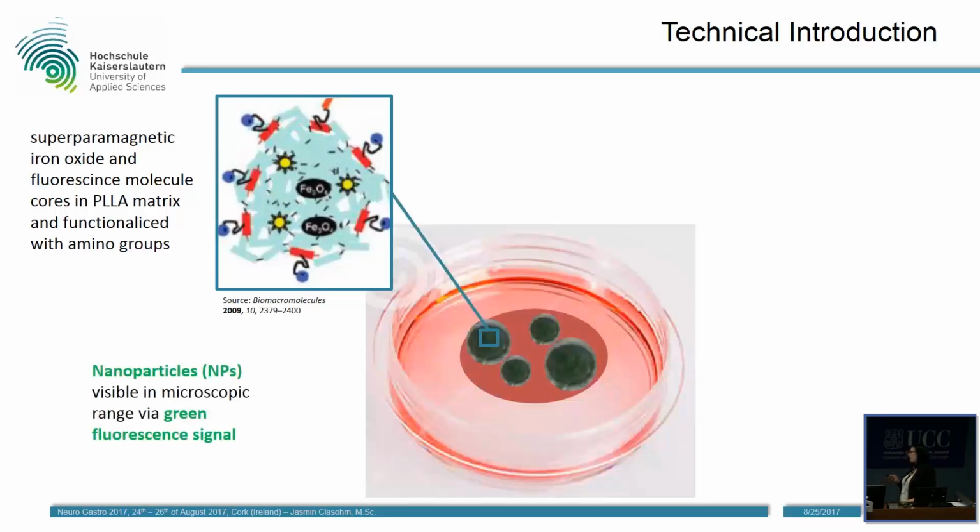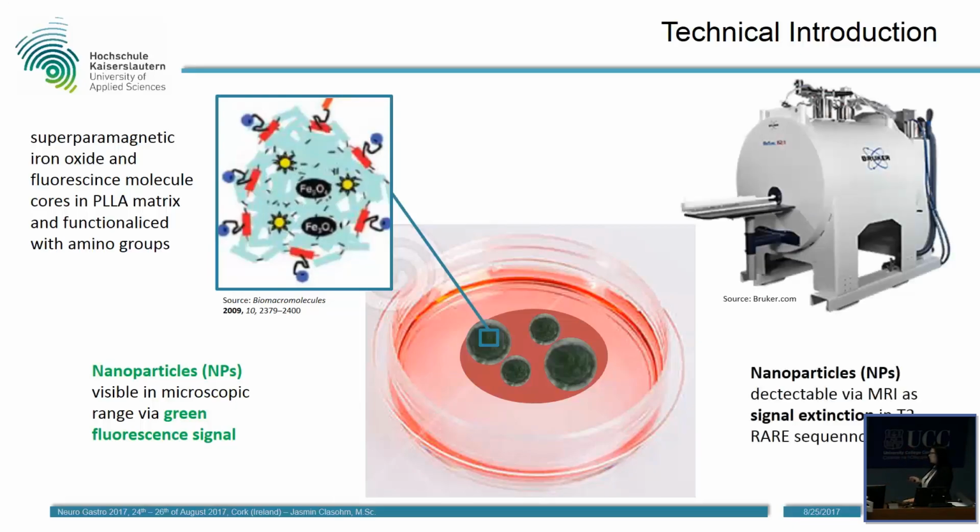In vitro, we can detect these nanoparticles in two different ways. One way is, of course, fluorescence detection. Our nanoparticles are visible in the microscopic range via a green fluorescence signal, and using MRI, the nanoparticles are detectable as signal extinction in the T2 RARE sequences.